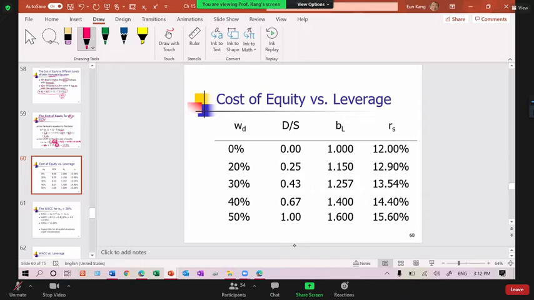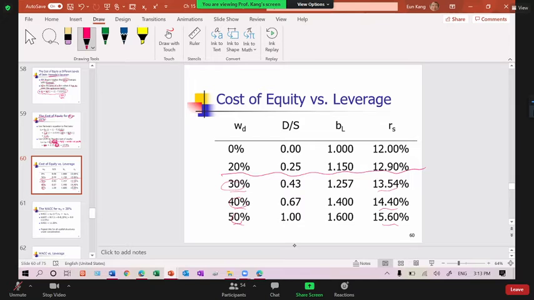Now we apply the same methodology to all the other percentages. We did this one, right? 20% case, WD 20% case. Then you can apply that to 30%, 40%, 50%, and you can calculate those RS accordingly, right?